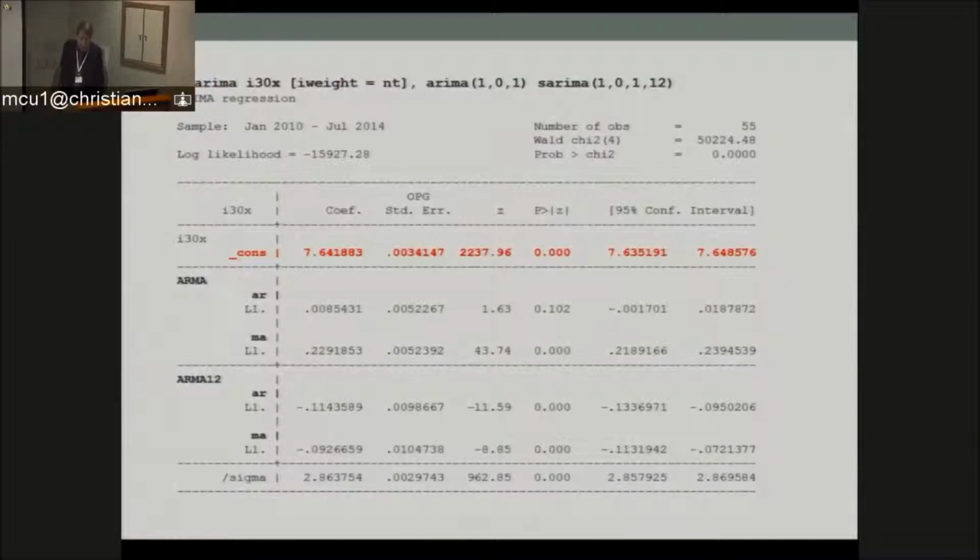Then the second number refers to whether or not you differenced your series. In this case, I haven't differenced it yet because I'm hoping I don't have to do that, because it makes things a lot easier. The third number, the last number there, is then the moving average.